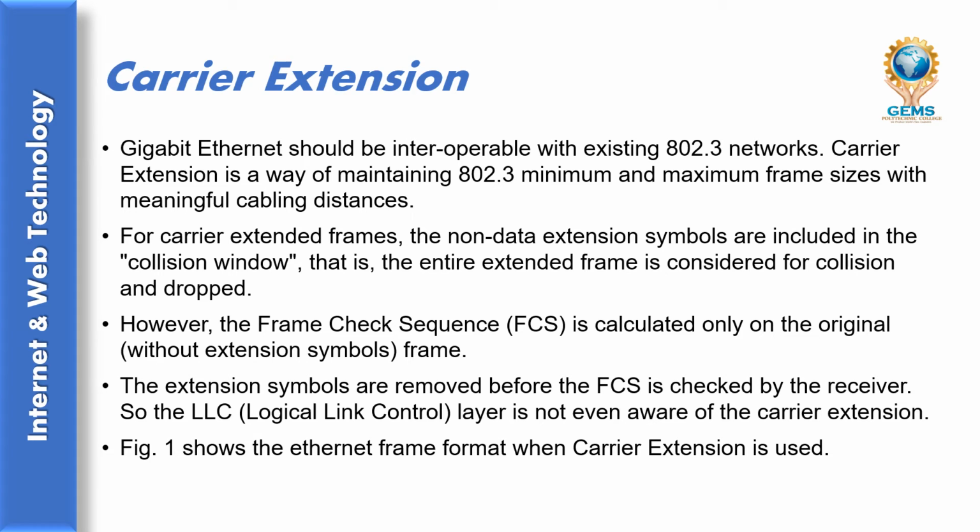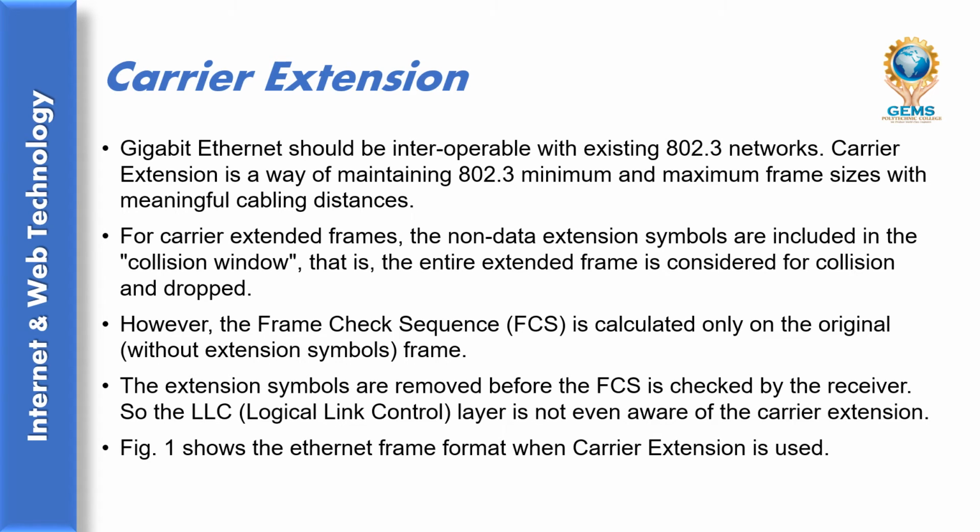That is, the entire extended frame is considered for collision and drop. However, the frame check sequence is calculated only on the original frame. So the extension symbols are removed before the FCS, that is the frame check sequence, is checked by the receiver. So the logical link control layer is not even aware of the carrier extension.